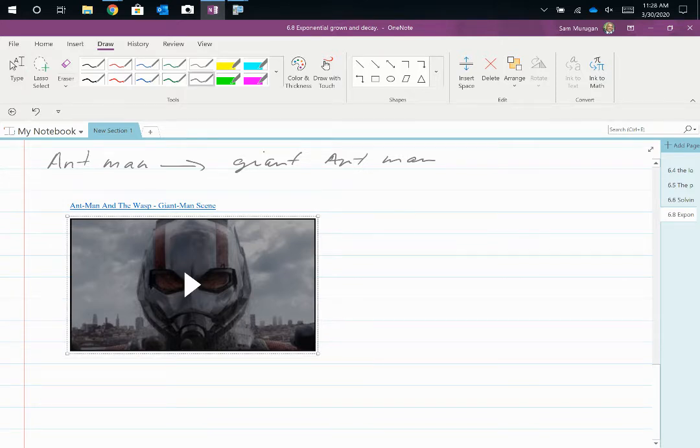In this scene, exponential growth was used to change Ant-Man to Giant Ant-Man.